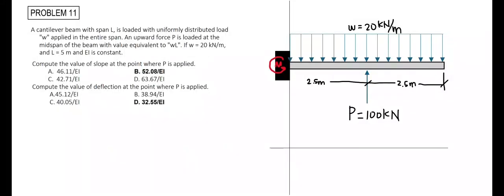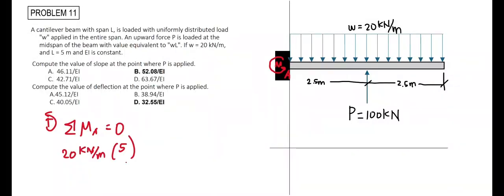And for the moment at the fixed support, we take summation of moments at this point here. Let's call this point A, all equal to 0, considering counterclockwise to be positive. We have the uniform load of 20 kilonewtons per meter times the length of 5 meters multiplied by the moment arm distance of 2.5 meters. And the sign here is negative because this will induce a clockwise moment. And then the concentrated load of 100 kilonewtons would induce a counterclockwise moment, so it's positive. We multiply this by the moment arm distance of 2.5 meters.